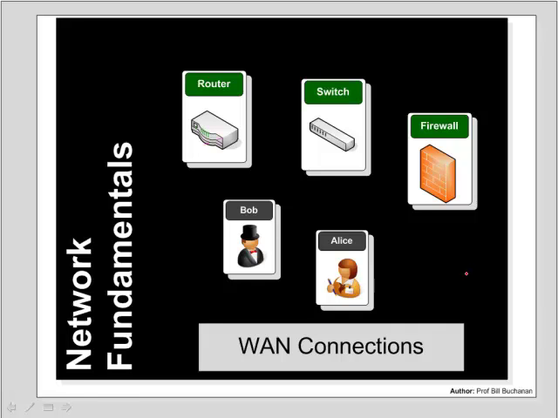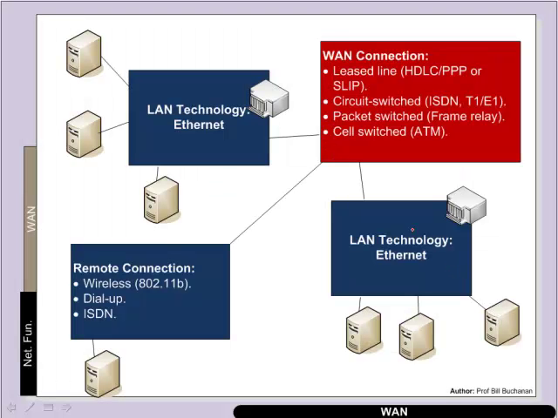So let's look at WAN, wide area connections. For our local area connections, we typically use technologies such as Ethernet to be able to connect and intercommunicate. For remote connections, we might use wireless, a dial-up connection, or ISDN.